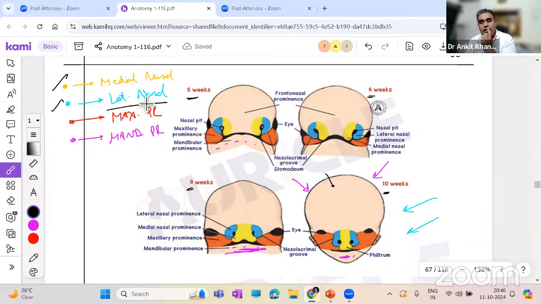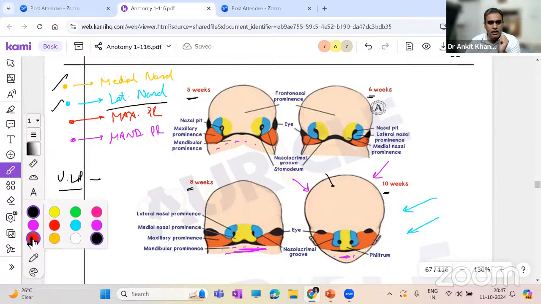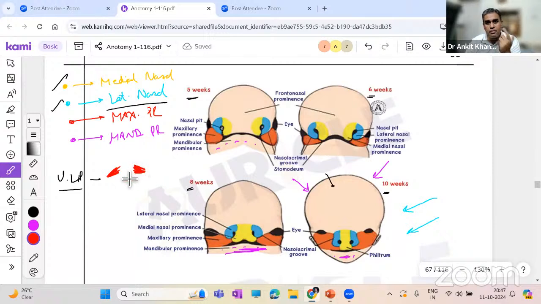So the lateral part of the upper lip is maxillary process, and the medial part of the upper lip is medial nasal process. If I write over here, upper lip: laterally the red color maxillary process, and then with this color the medial nasal process. This is the upper lip development.